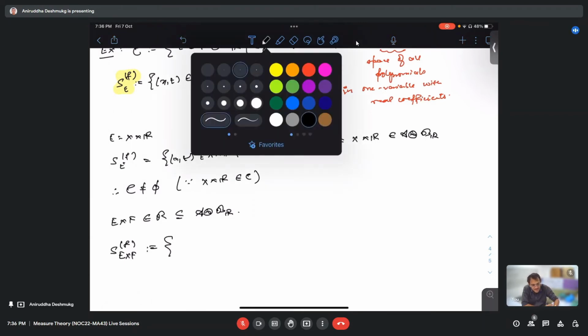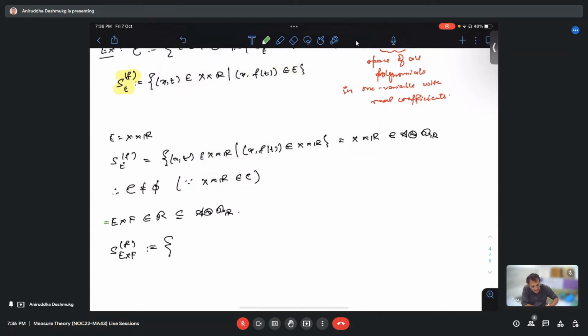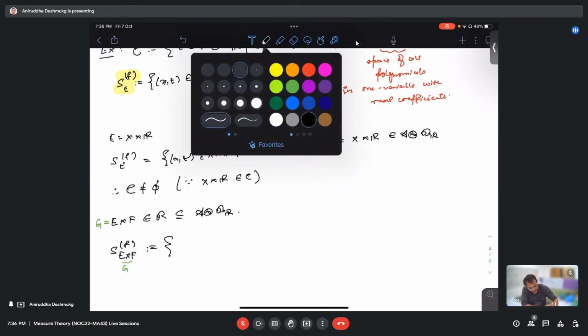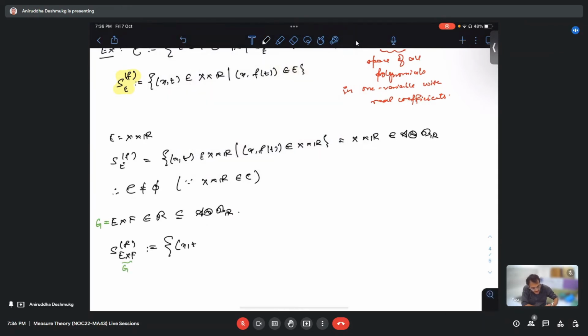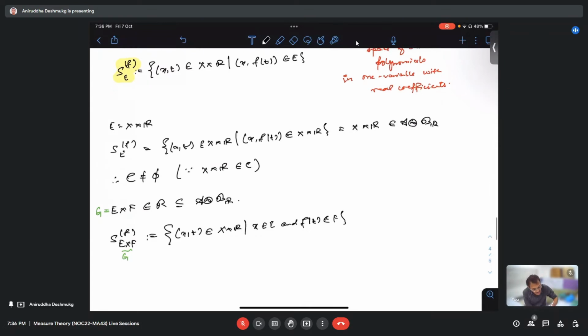Let us call it G. This means that x belongs in E and f(t) belongs in F. So collect all those (x, t) in X cross R such that x is in E and f(t) is in F.